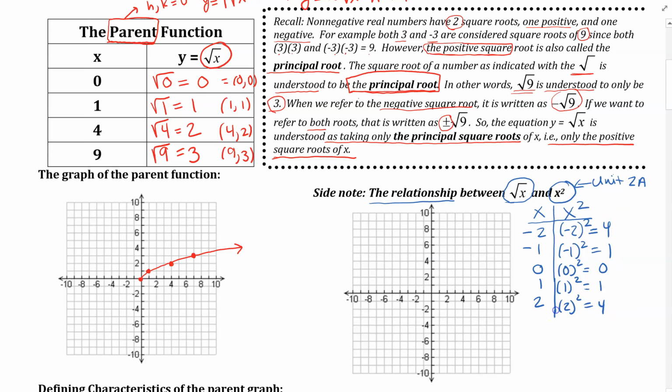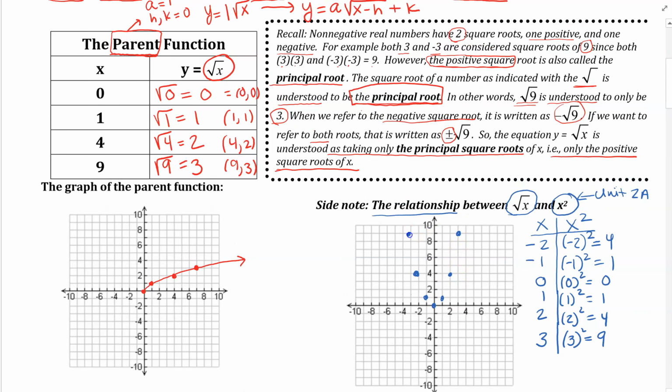I think I'm going to just add one more point, though, just to help compare it a little bit to the parent function over here. So these were the points we used for the parent function. And then when you graphed them, as you recall, it formed a parabola, or it looks like a U. It kind of goes like this.